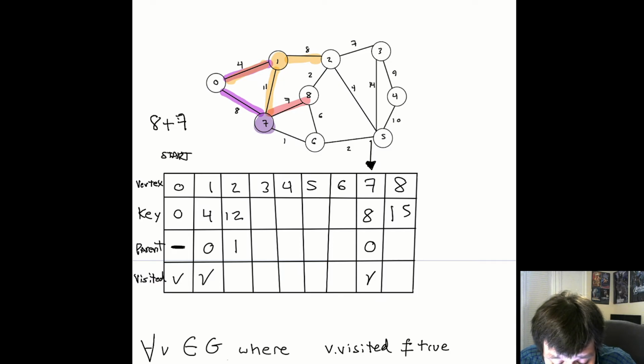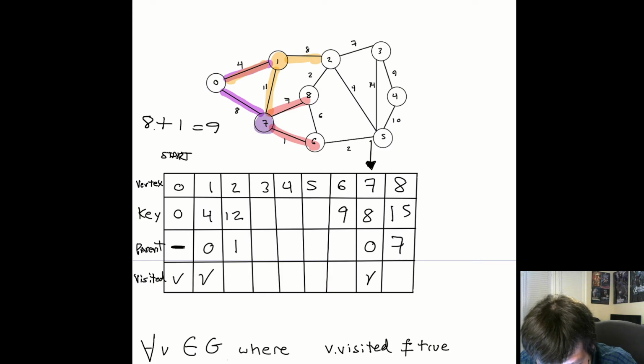Okay. And put the source as 7 because that's where you're at. All right. Next one is this one here. So for that one, we are going from edge 7 to 8. So that takes 8 plus the 1, which is a 9. 9 is less than infinity, so we are going to put that in, and we're going to put the source as vertex 7.